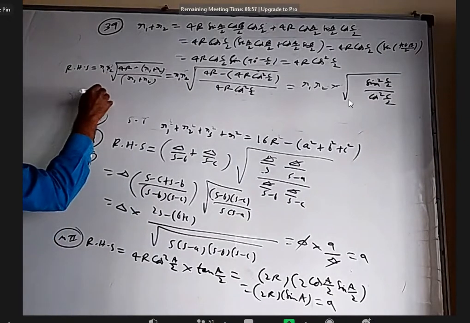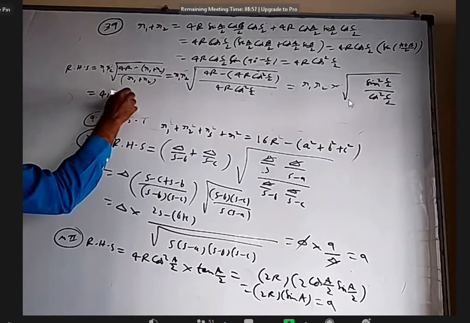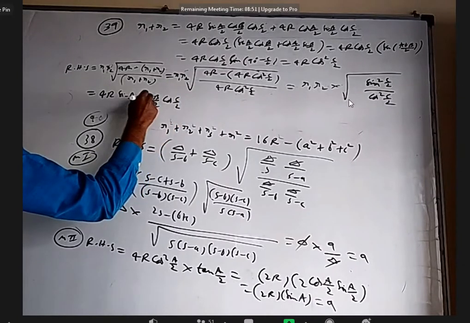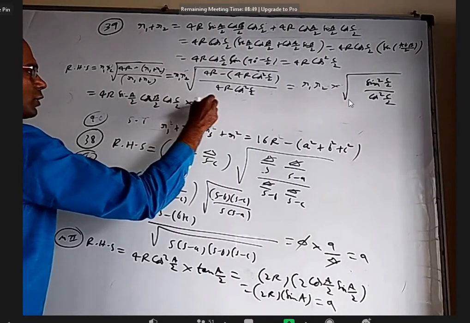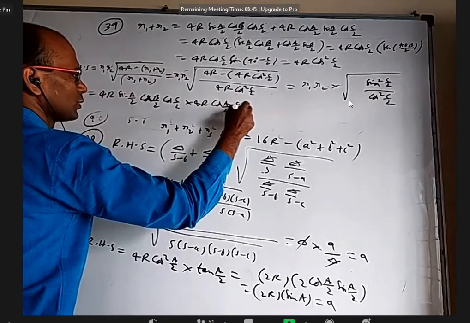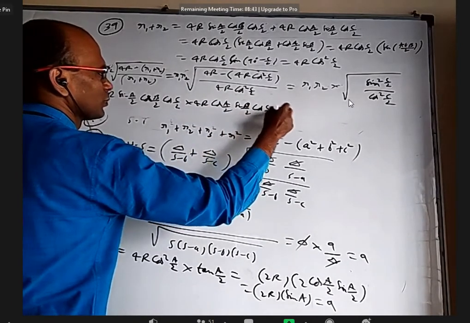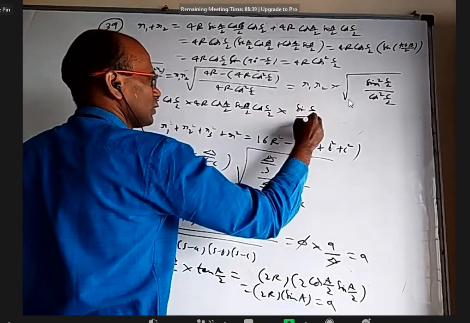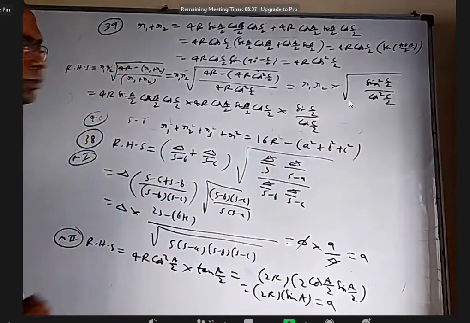Okay, so R1 again: 4 capital R sin A by 2 cos B by 2 cos C by 2. R2: 4 capital R cos A by 2 sin B by 2 cos C by 2, into sin C by 2 by cos C by 2.